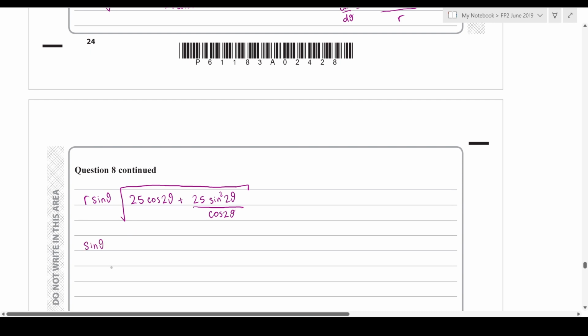So I'll leave the sine theta on the outside, and on the inside is going to be r squared times that. r squared was 25 cos 2 theta, so I've got 25 squared cos squared 2 theta plus, now I'm timesing this bit by r squared, 25 squared sine squared 2 theta cos 2 theta all over cos 2 theta. Again, it's not squared here, it's squared here because we already had a cos 2 theta.